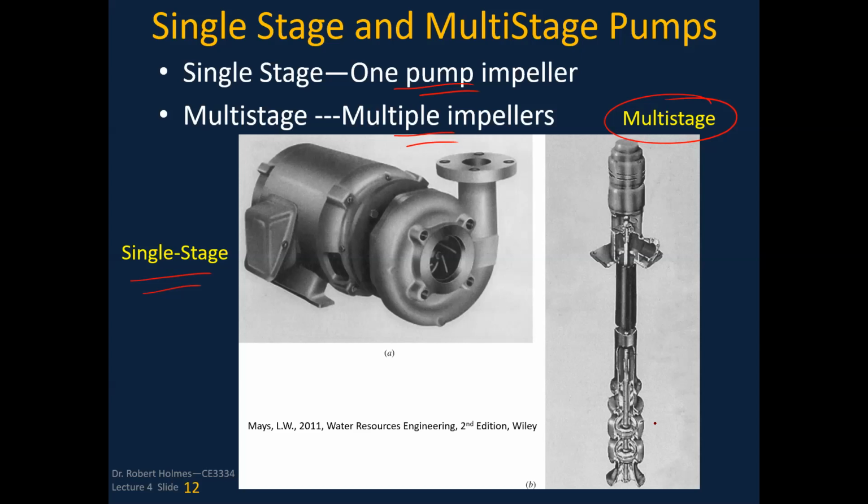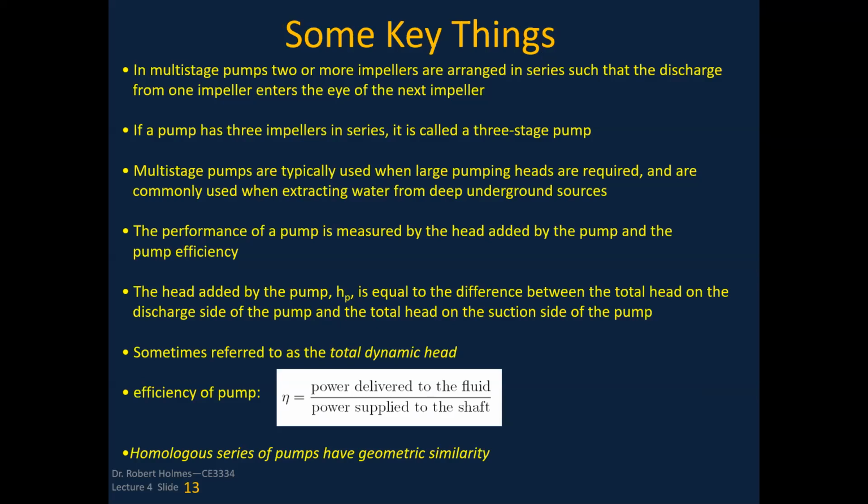Remember, when you have a series of impellers or pumps in series, they're not going to add additional flow, because whatever goes through one impeller is the same flow that's going to go through the next. The impeller that has the least ability to push water is going to be the least common denominator. If you wanted to add additional flow, you would put pumps in parallel, not in series. So a few key things to think about here.